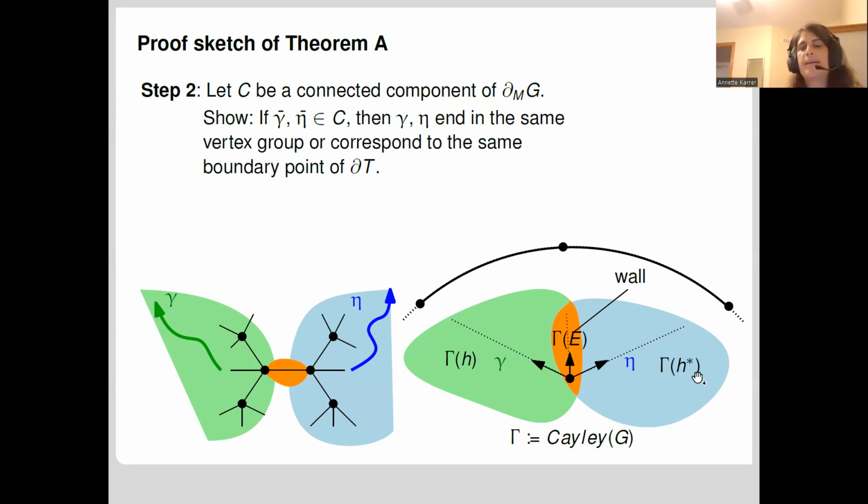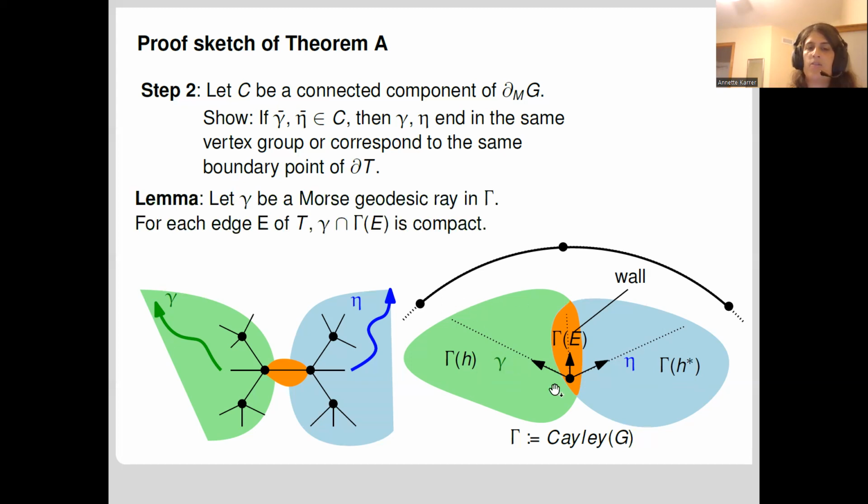And now what we can do is study what happens if two geodesic rays end in these two different half spaces. Remember that these graphs gamma of E do not contain Morse geodesic rays by assumption.